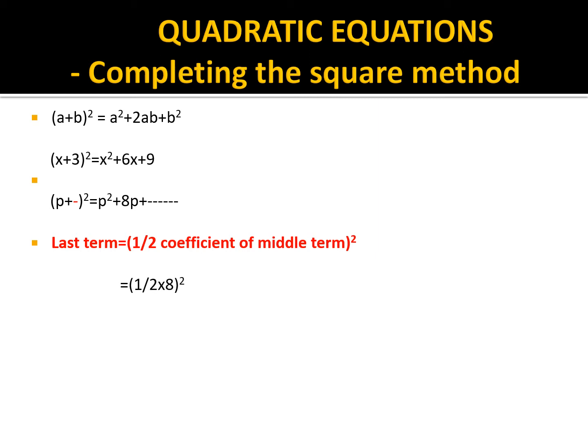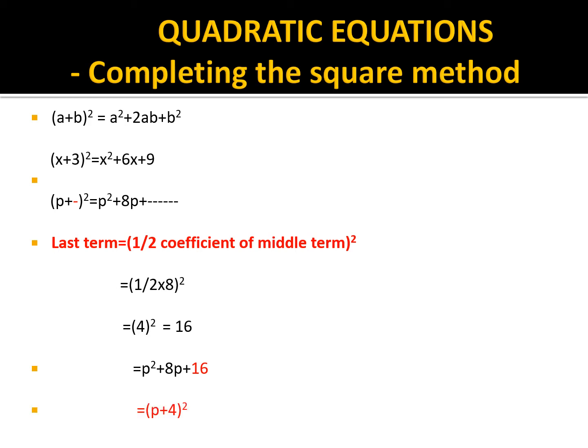Here the middle term is 8, so half of 8 is 4, and hence the square of 4 is 16. So we add 16 to get p square plus 8p plus 16, a perfect square of the number p plus 4 the whole square.